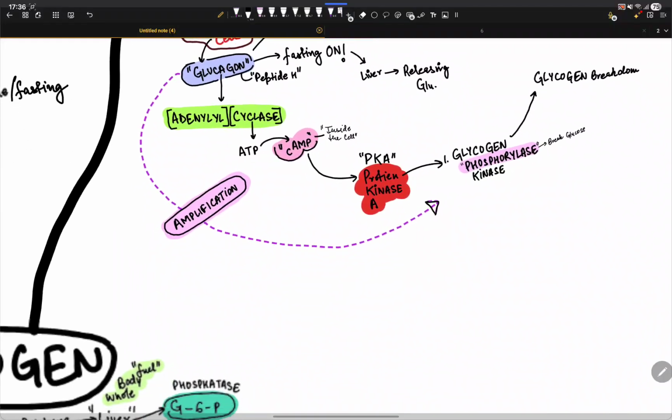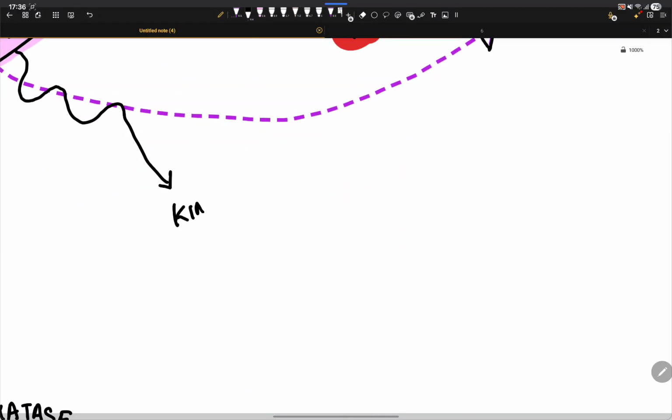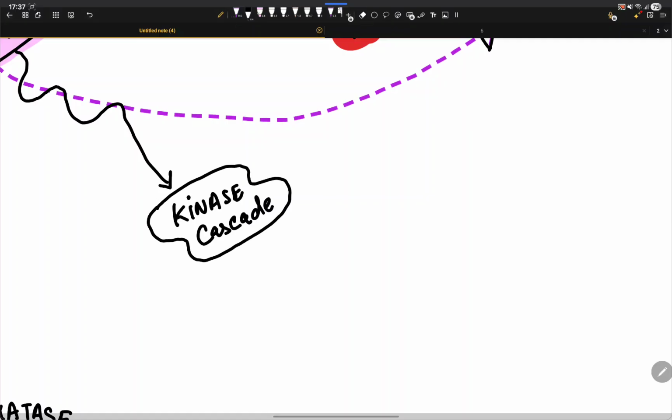Let me write it down somewhere. We call it kinase cascade, because it's a cascade, happening in front of you. I think it's amazing how it happens.